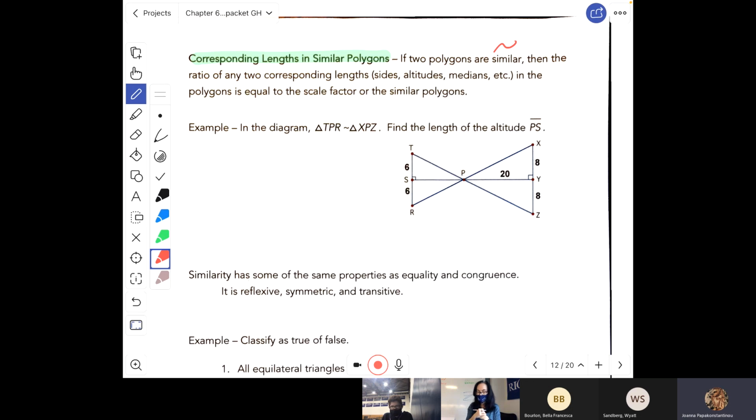This is quite exciting. So I have triangle TPR. Again, I'm starting here, and I'm going this way.